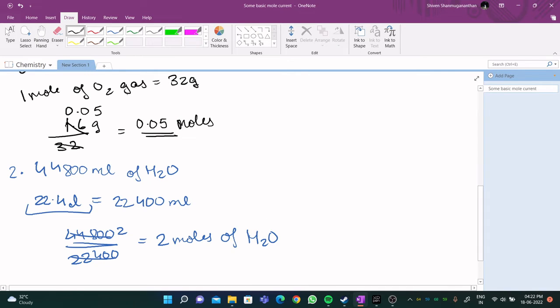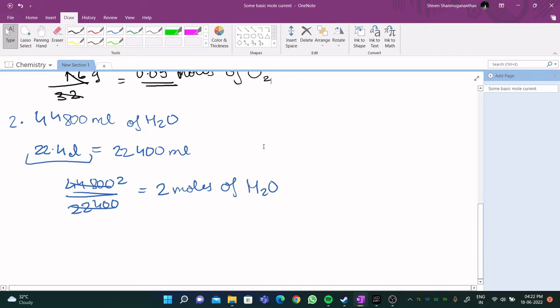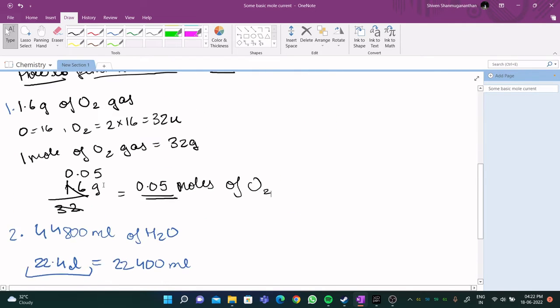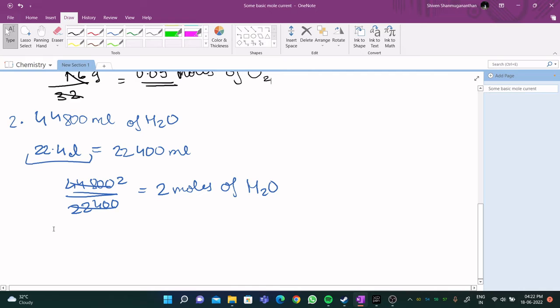Let's take black again. Now, a third situation is you're given the number of particles. Given the number of particles here. So 3.